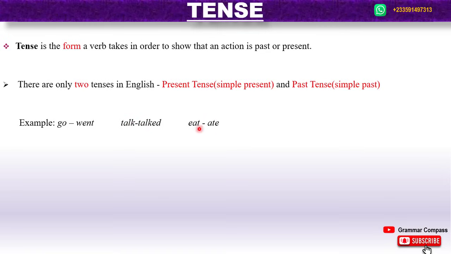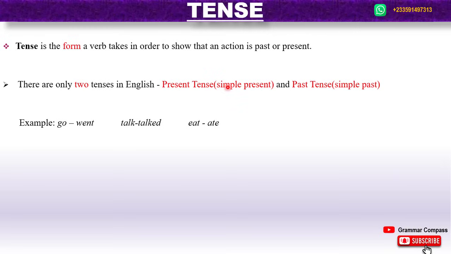And in the last one, eat is in the present whilst ate is in the past. Therefore, the verb eat, which was in the present tense, has changed its form to show the past tense. That is the meaning of tense in English: the form a verb takes in order to show that an action is past or present.